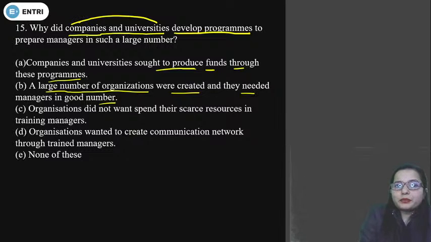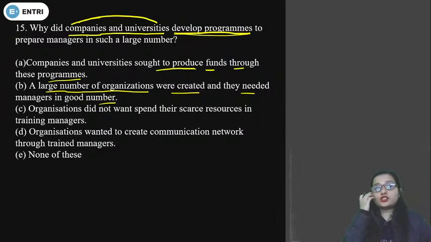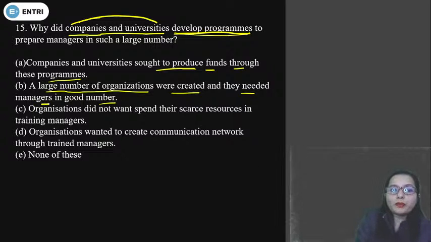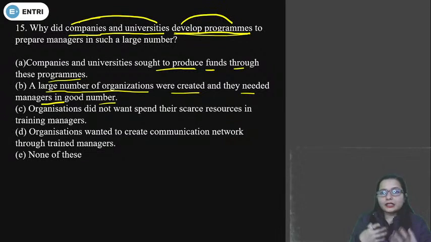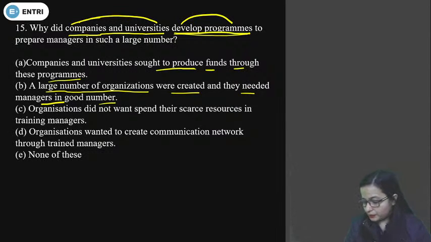So why did companies and universities develop programs to prepare managers in such a large number? Why so? Because they needed good managers in their companies. That is why companies and universities develop programs. They are creating these programs to prepare managers in such a large number.